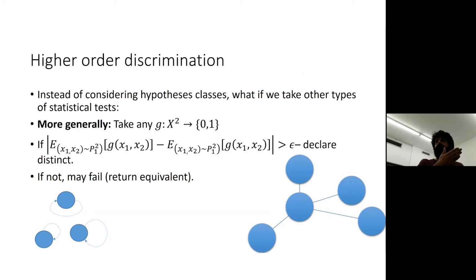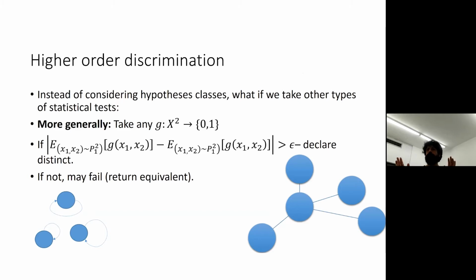And we're going to see what is the probability of an edge, or what is the probability that the pair x1, x2, the function g gives it value 1. We're going to check what is the probability to see an edge when we draw two vertices from P2. And again, if the two are distinct, then obviously it's not the same distribution. So we can declare that the two distributions are distinct, and if not, it fails. Okay, is that clear, the idea here?